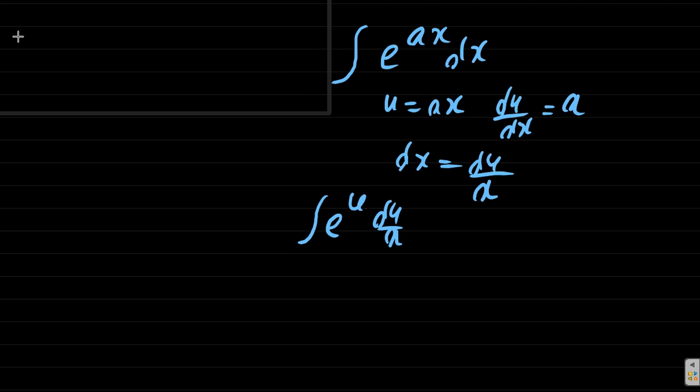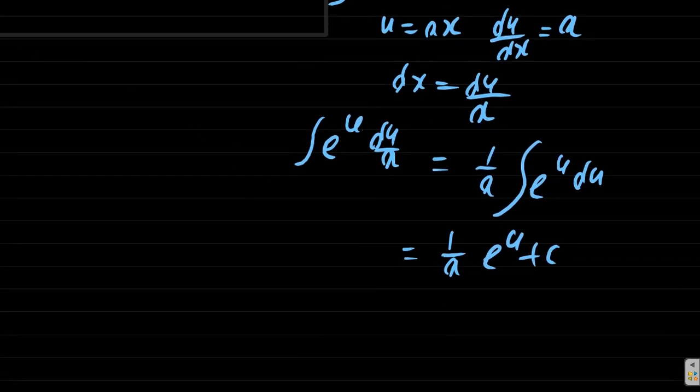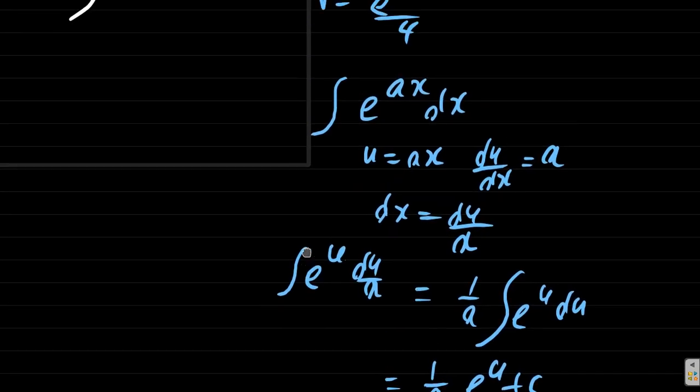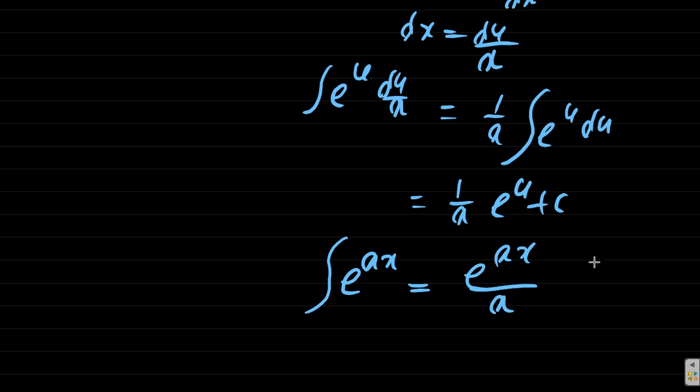So that now would be 1 over a integral of e to the u du. And when you integrate e to the u, you get e to the u. So it's 1 over a e to the u plus c. But what was u again? u was ax. So, just a reminder, the integral of e to the ax is equal to e to the ax divided by a plus c.